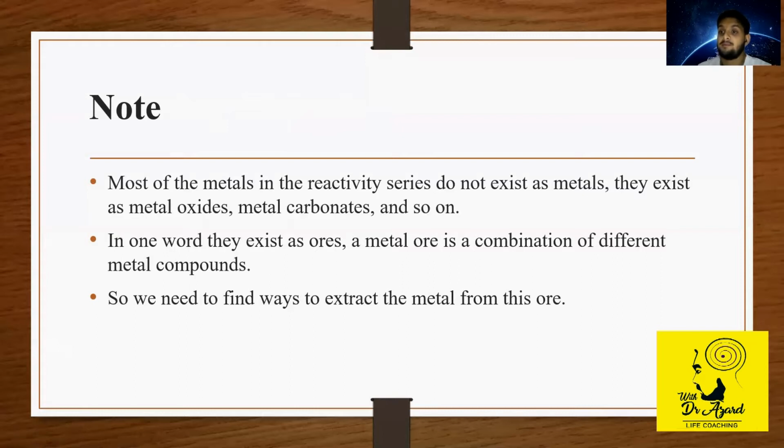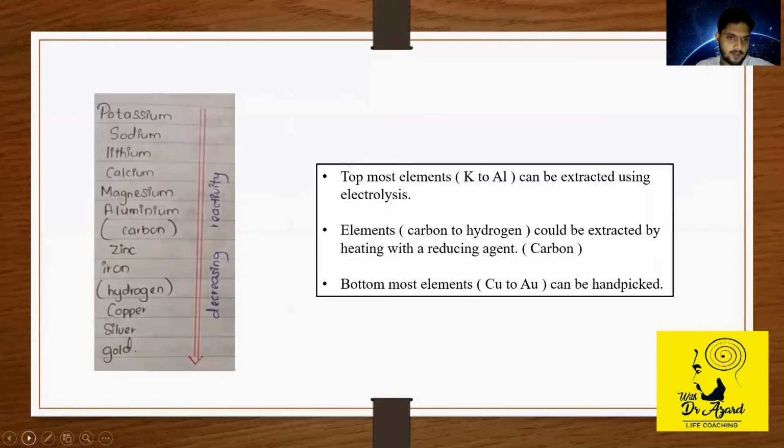Extraction means that. Why are we extracting? Because in nature, metals do not exist as metals, they exist as ores. What are ores? Ores are different mixtures of metal compounds that exist in nature.